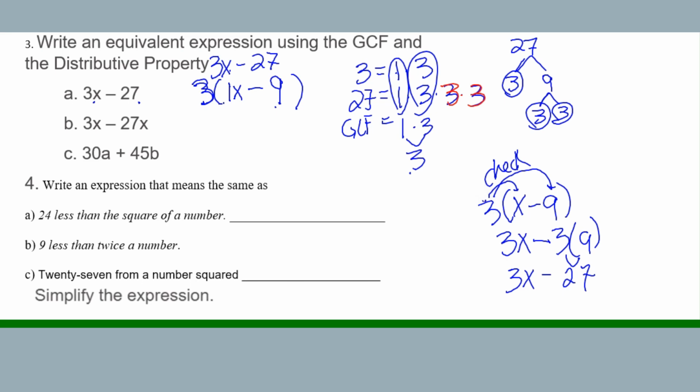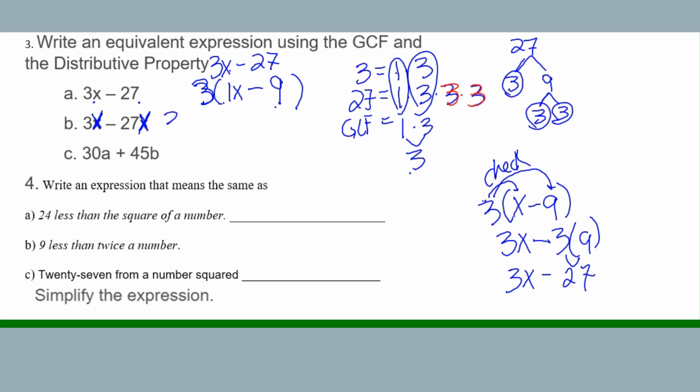The next one, this is the same thing. The only difference is the greatest common factor is not just 3, but both terms have a common factor x now. So the greatest common factor is going to change from just 3 to 3 times x, because we can also factor out an x because both terms have an x.